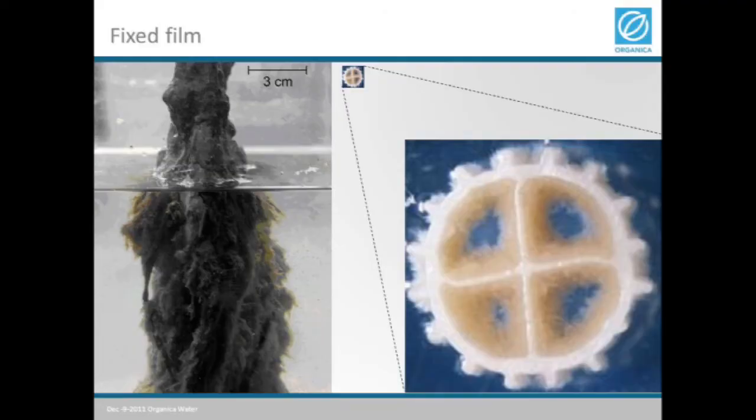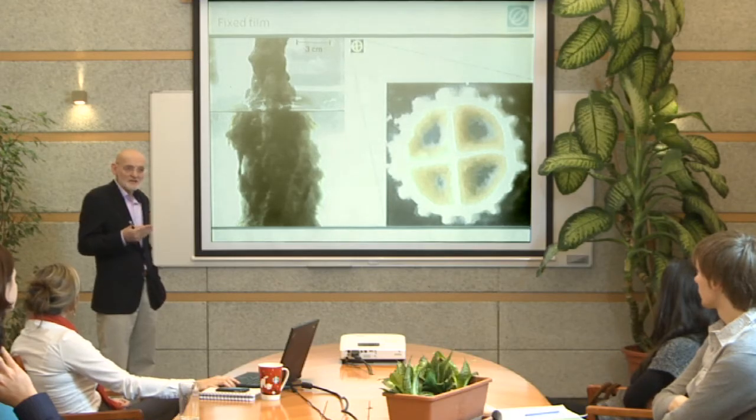What you see on the right-hand side is what is being used typically in the industry, and this one in the middle on the top and the one on the left are actually in the same scale. So in the industry you can find attempts to put in some sort of carrier media that will also attract the growth of biomass.